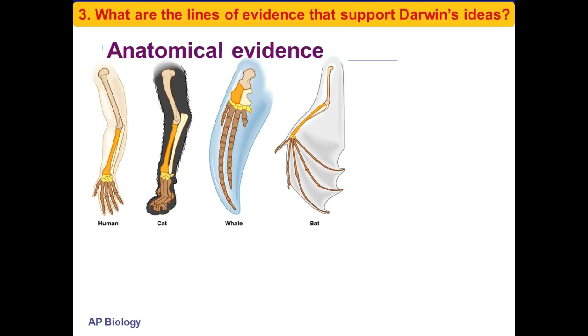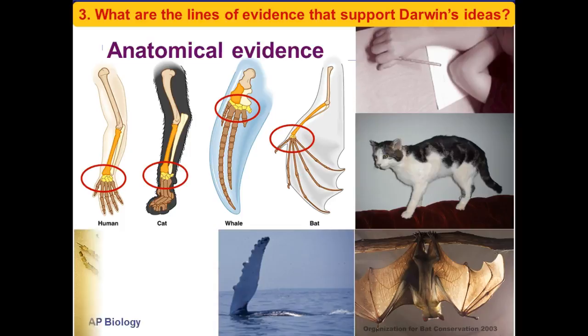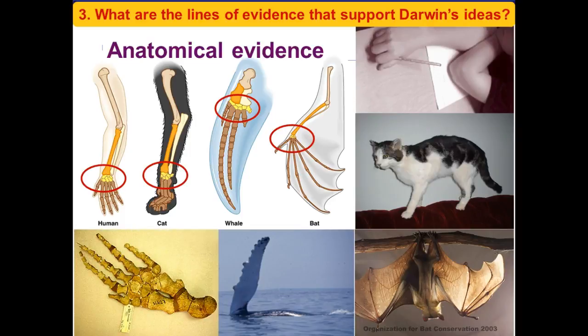The third line of evidence was anatomical evidence. If we compare the human arm to the cat arm, to the whale flipper, to the bat wing. Now, these are structures used for very different purposes, but they are all built from the same combination of limb bones. Very different jobs, but a common ancestor bequeathed all of them the same set of wrist bones, upper arm bones, lower arm bones.